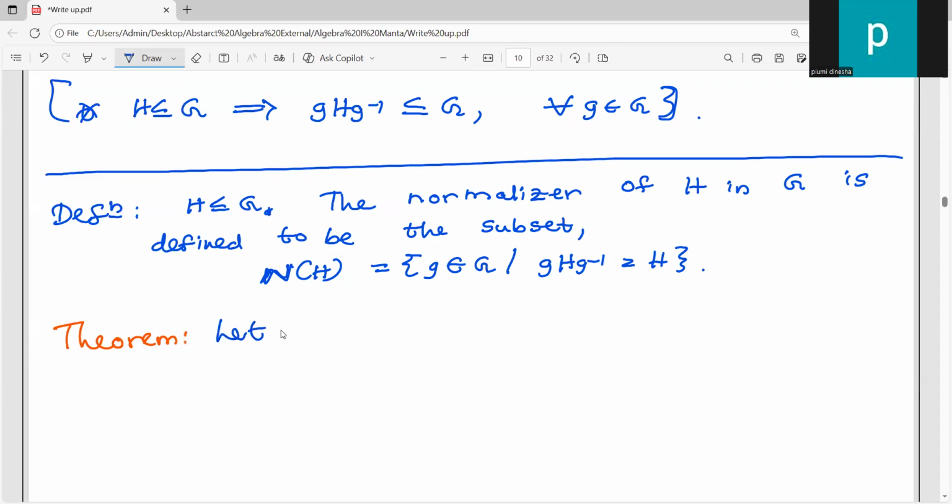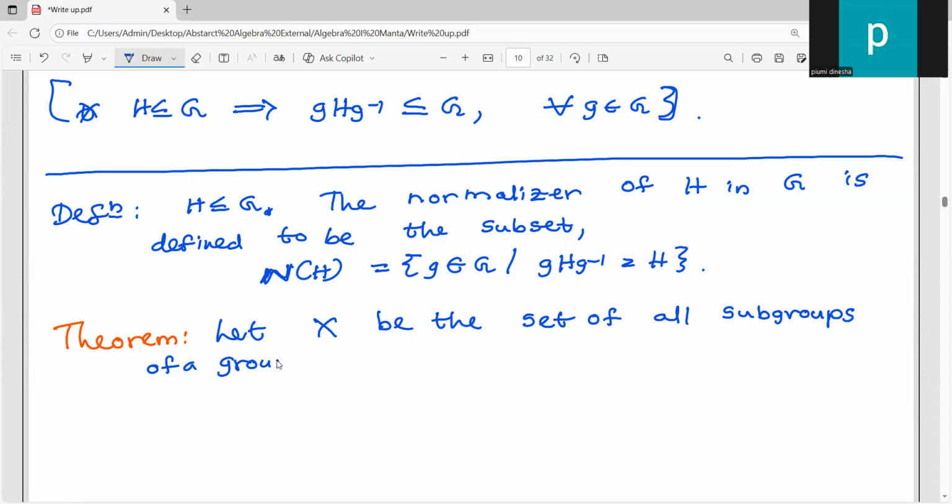Let X be the set of all subgroups of a group G. So X contains all subgroups of a group G, and we let G act on X by conjugation.